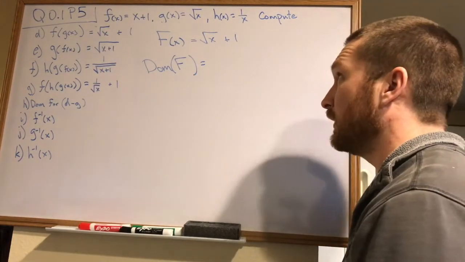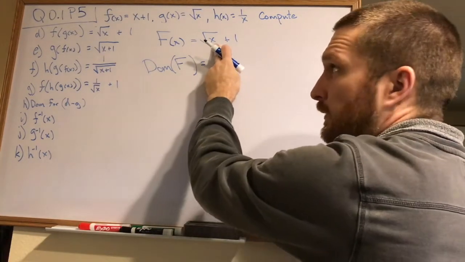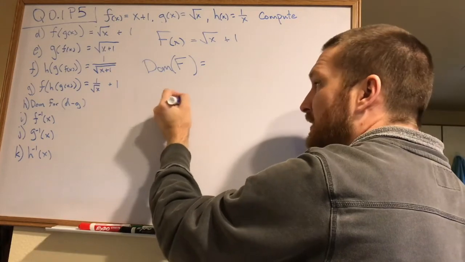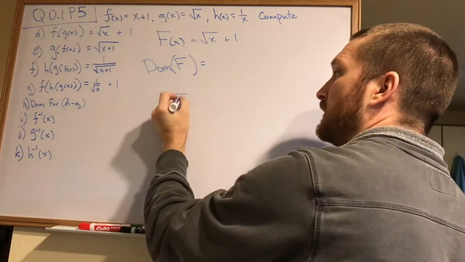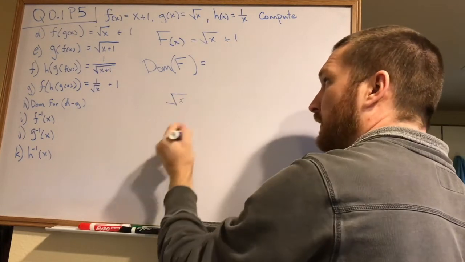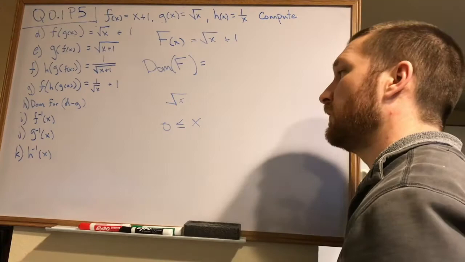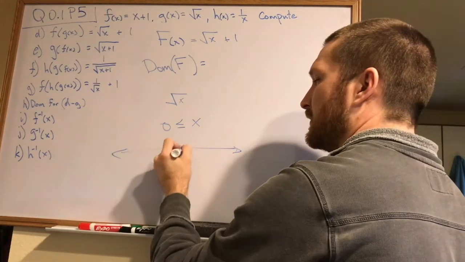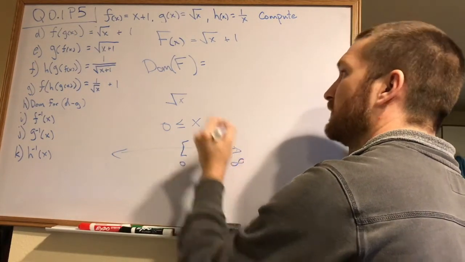I could see, well, the only problem you have here is that square root, right? And I know that whatever goes in there needs to be 0 or bigger. And so x, the thing that goes in, needs to be bigger than or equal to 0. And so, again, on the number line, this is exactly the same as the domain of g, right? We could say all numbers from 0 up to infinity.